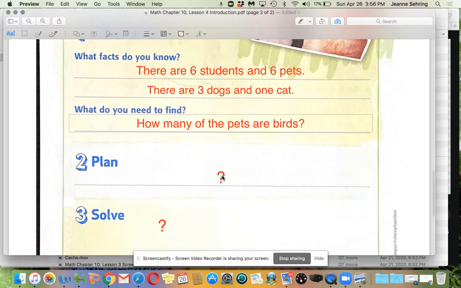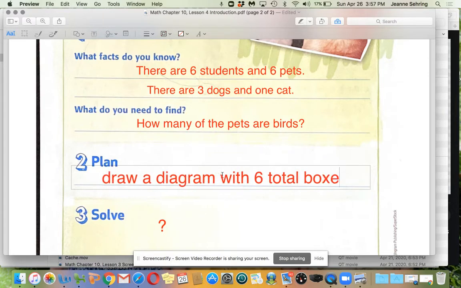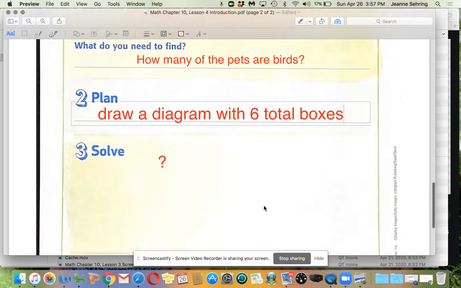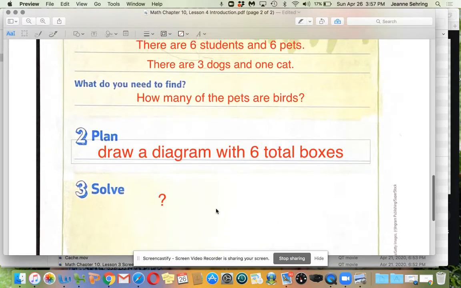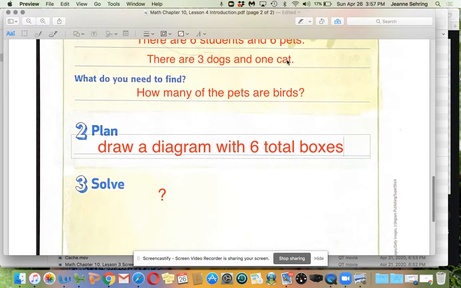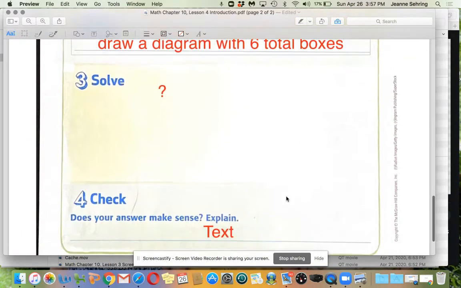So if I draw a diagram, which I can't really do on this screencast, your plan would be to draw a diagram with 6 total boxes. You guys can do that in this empty space right here. If you draw 6 boxes, and in 3 of the boxes you put a D for dog, and in 1 box you put a C for cat, how many boxes would you have left to put a B for bird?